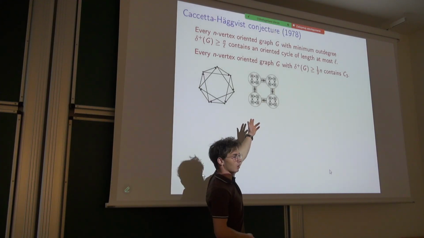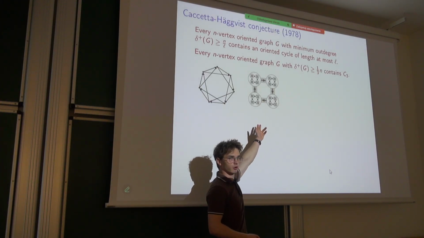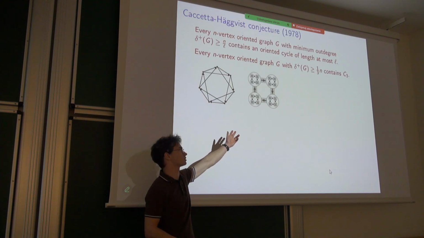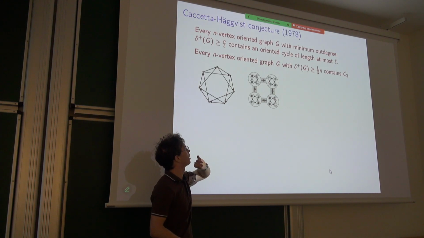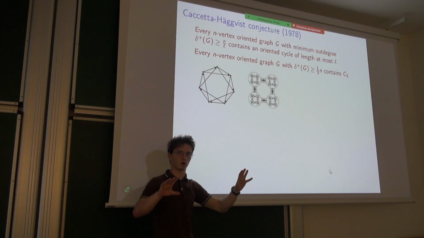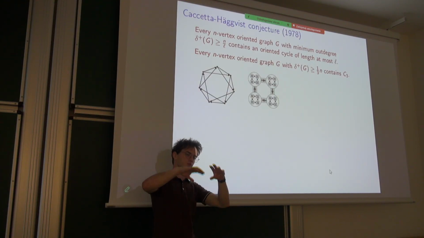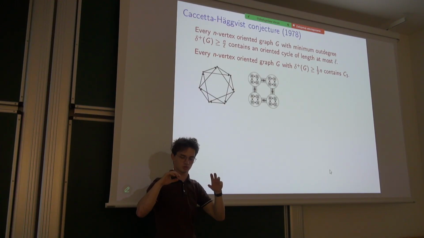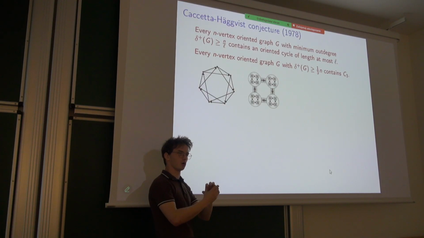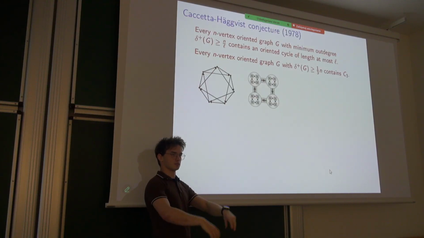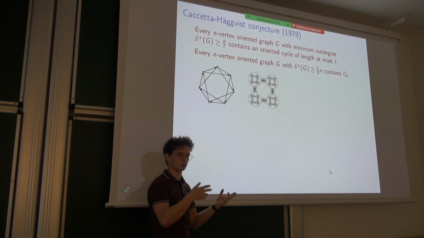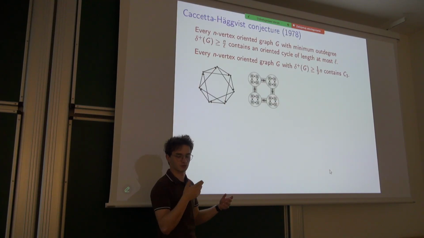This is an iterated blow-up of C4. It still does not contain C3. How the iterated blow-up works is, we have a blow-up of C4, you know how it looks, and then inside of each blob we put another blow-up of C4, and inside of each blob of that, we put another blow-up of C4, and so on and so forth.